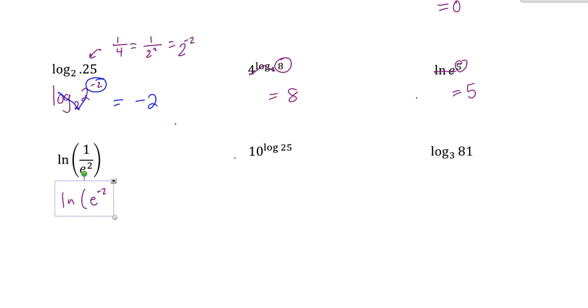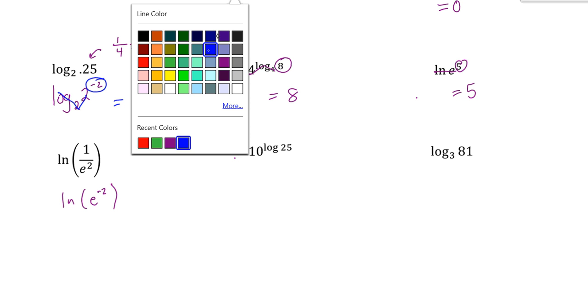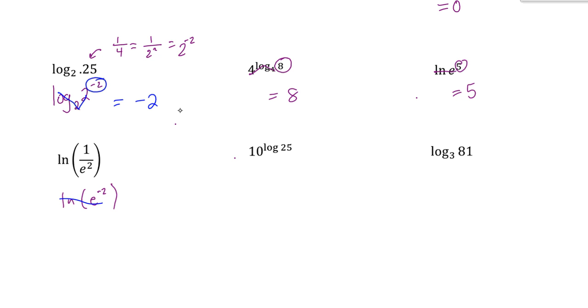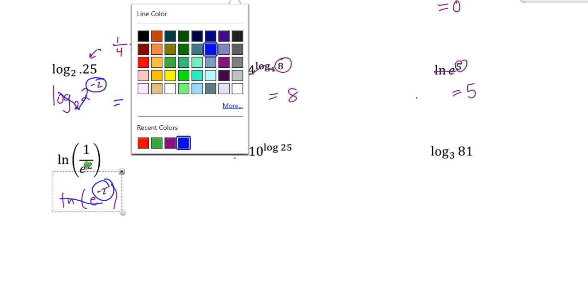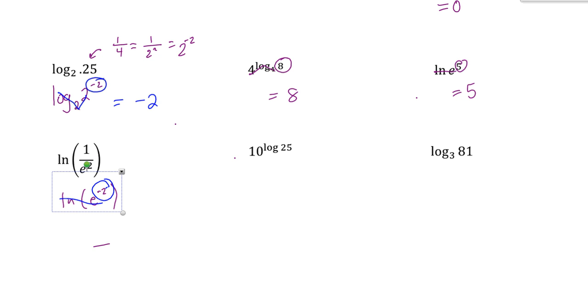Okay, then the ln and the e are going to cancel each other. And all you're left with is that power. 10 and log, when there's no number written, it's base 10, so those cancel, and your answer is 25.